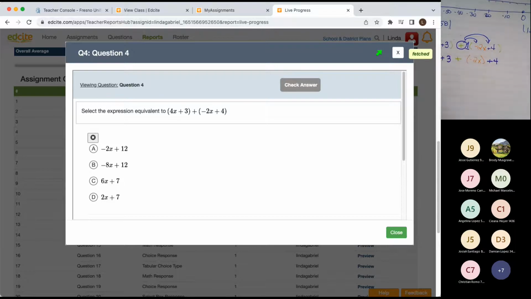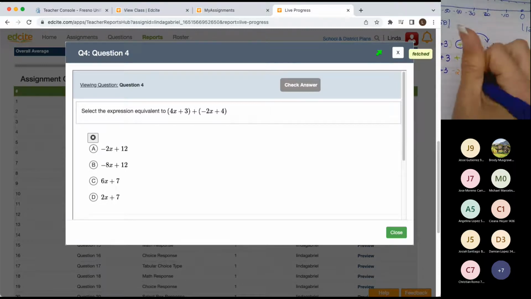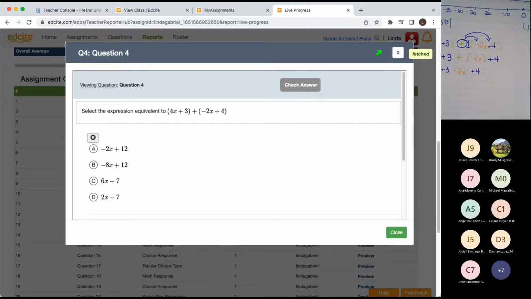And then +1 times 4 is going to be equal to +4. So it will look more like 4x plus 3 minus 2x plus 4. And now I'm going to combine like terms.